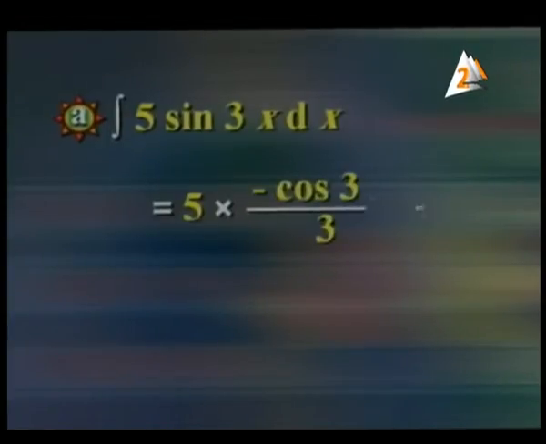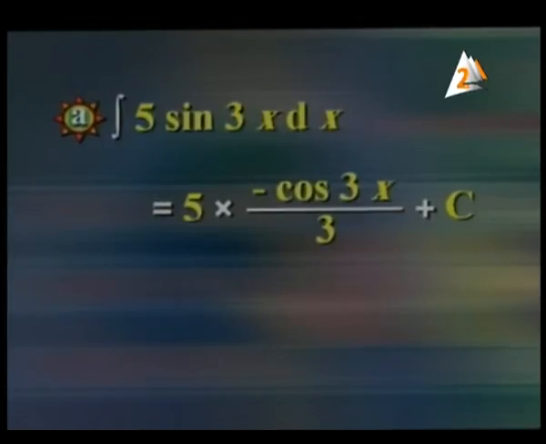Number A, when we find integration 5 sine 3x dx, look, dear student, what is the integration of the sine? Yes, excellent student, negative cosine. Remember, we have constant 5 multiplied by sine 3x.